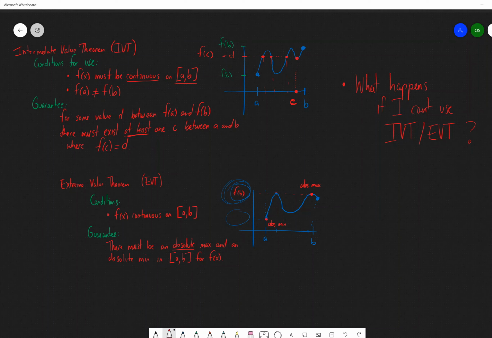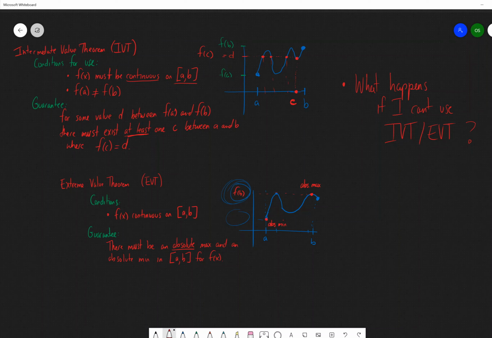It just means we can't guarantee 100% that it exists. So the theorems, if we can use them, make it 100% certain. Yes, this is going to happen. If I can't use the theorems, can these conclusions still occur? Yeah. I'm just not 100% sure. I cannot guarantee that it's going to happen.